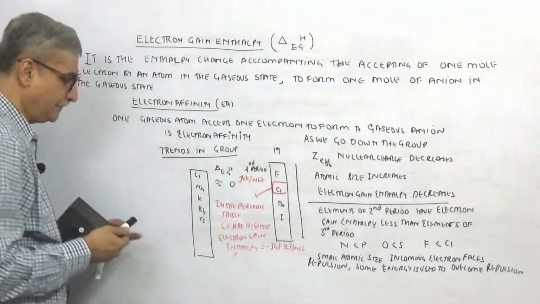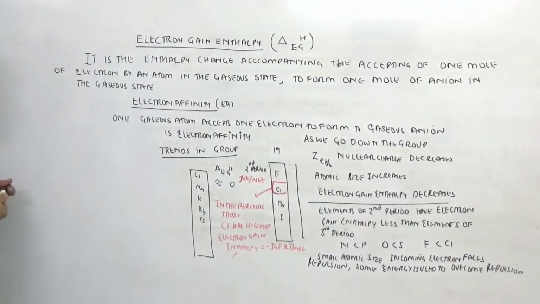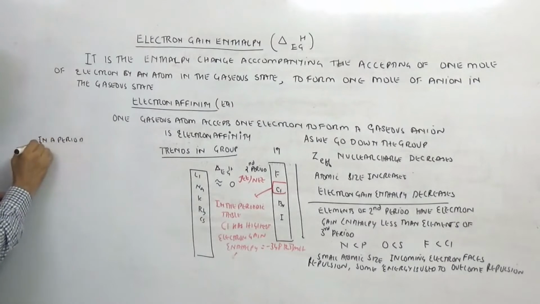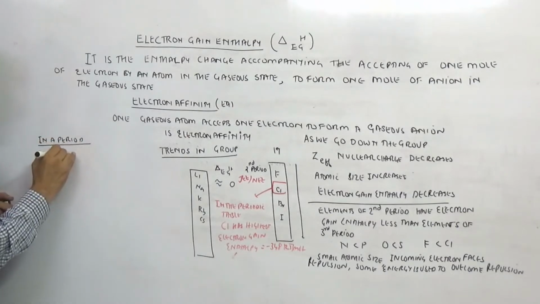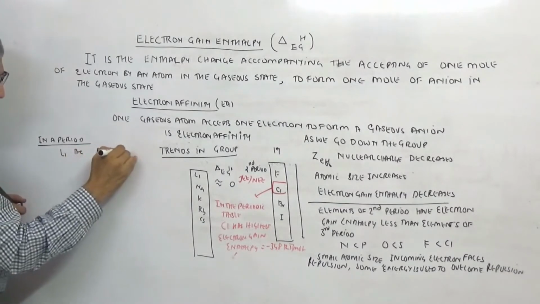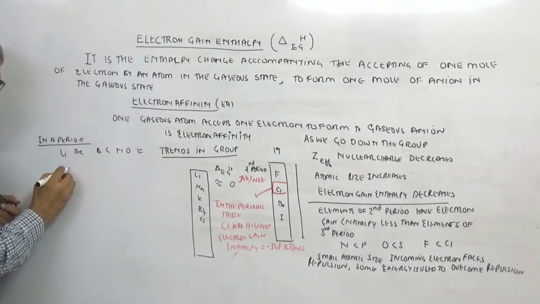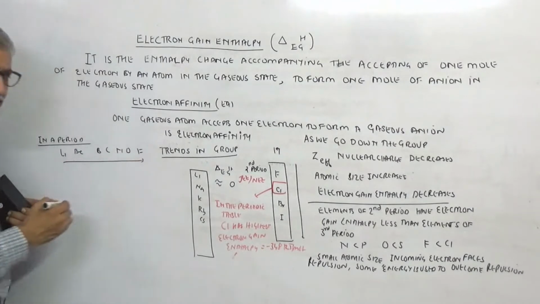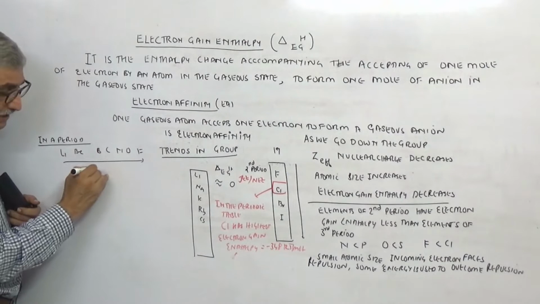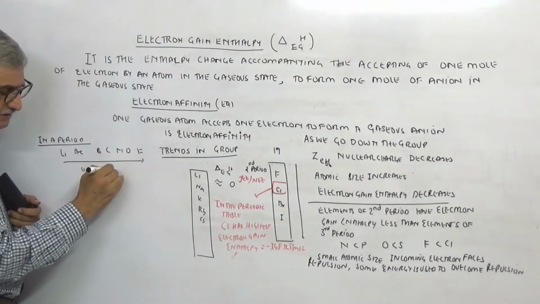Then we come to what? In a period. So what happens in a period? So let us take lithium, beryllium, boron, carbon, nitrogen, oxygen, fluorine. So in a period, first and foremost, what is happening?